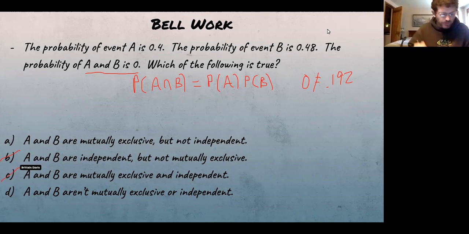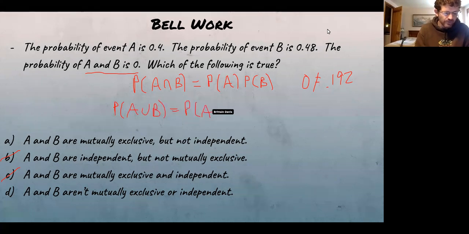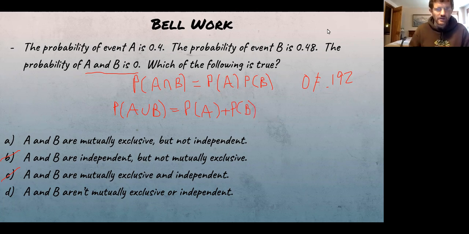Now, we did have a couple of ways of thinking about mutually exclusive. One was that the probability of A or B equals the probability of A plus the probability of B. That's all well and good, except we don't know the probability of A or B. We can't use that. Another thing we know is that the probability of A and B, if they are mutually exclusive, is 0.